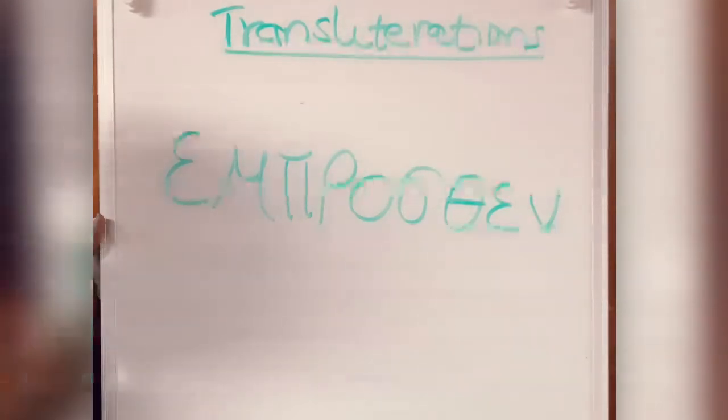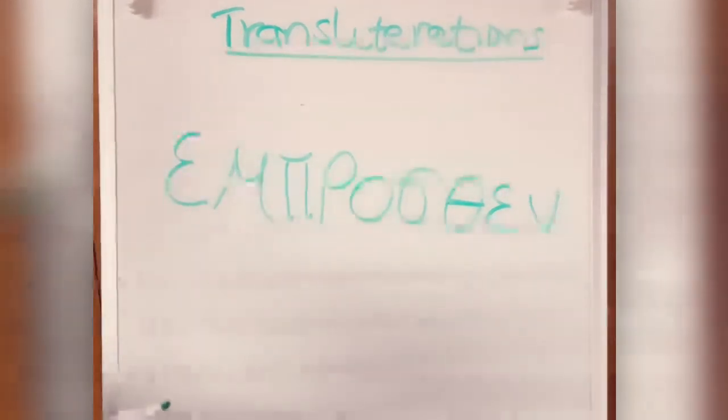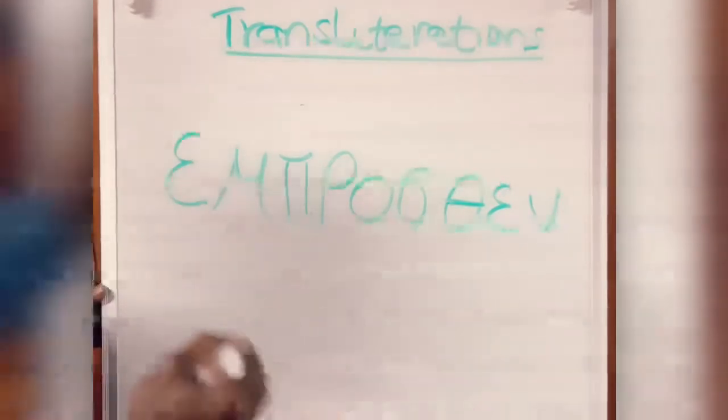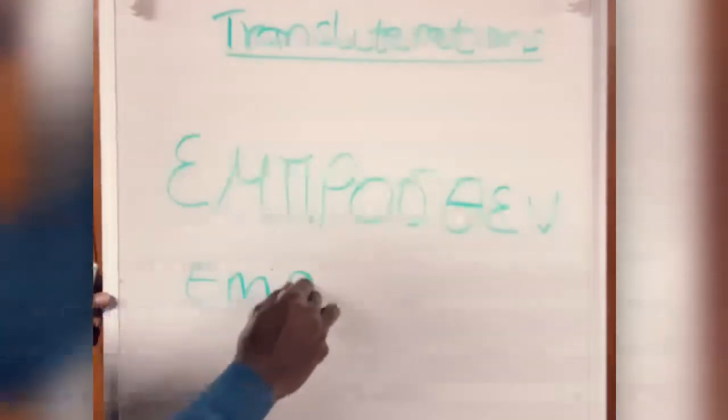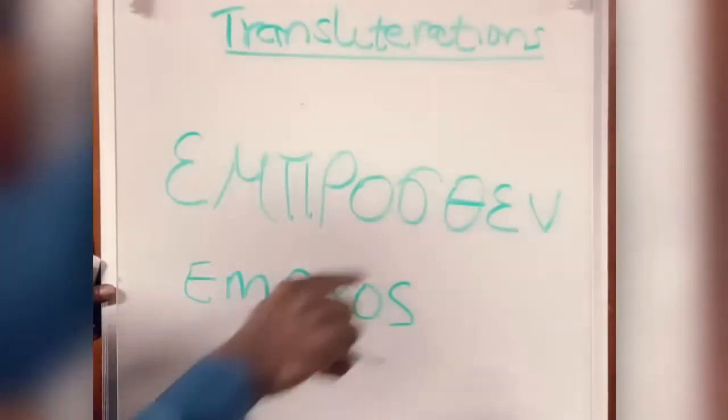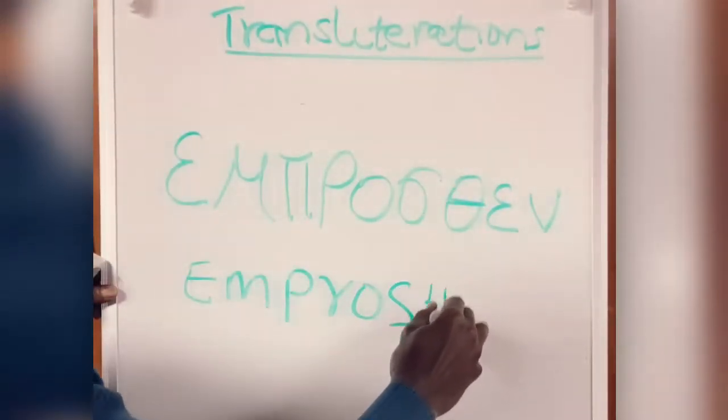But if you transliterate the word into English letters to enable your pronunciation, you will notice that epsilon is E in English. Mu is M. Pi is P. Rho is R. Omicron is O. Sigma is S. Theta is TH.